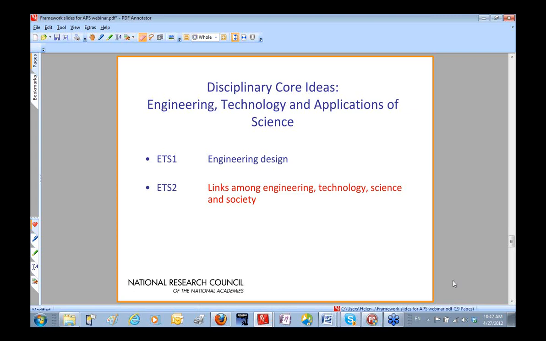And where that gets fitted into the curriculum at the high school level, for example, is going to be one of those issues for discussion at the school level. It may be in career and tech ed courses. It may be in physics courses. It may be in both.